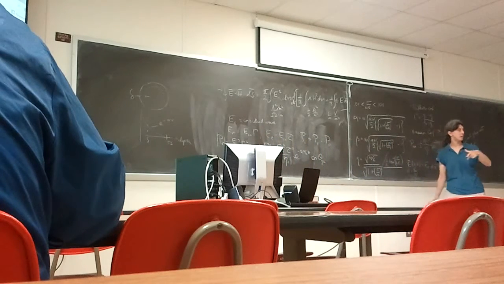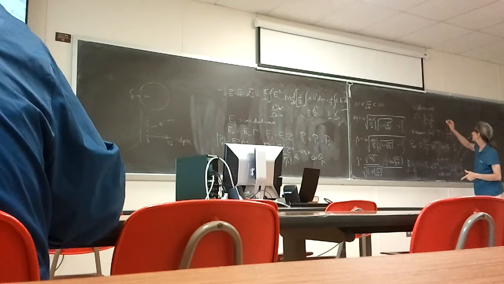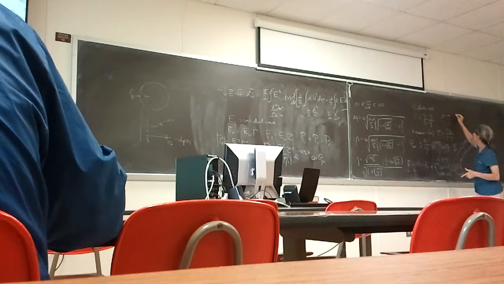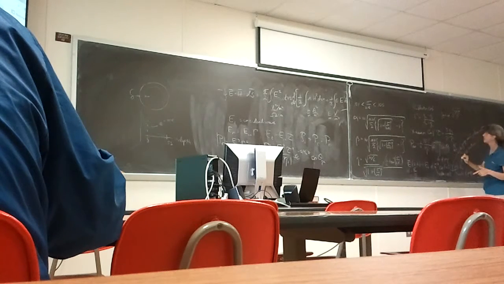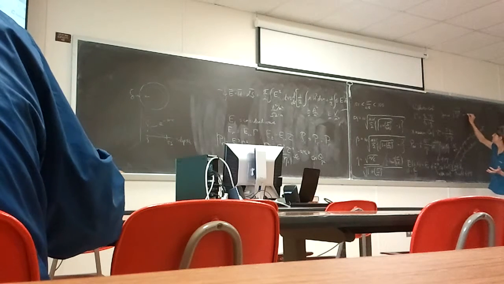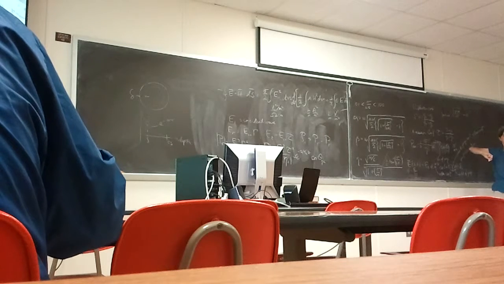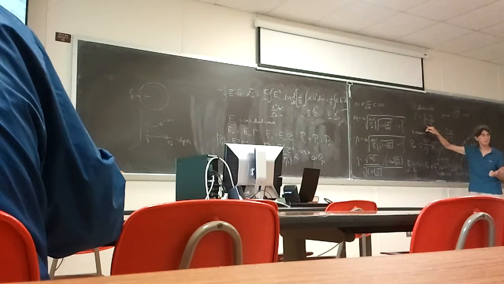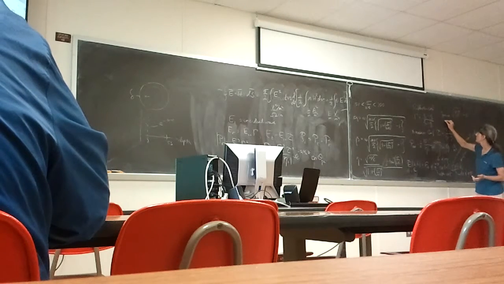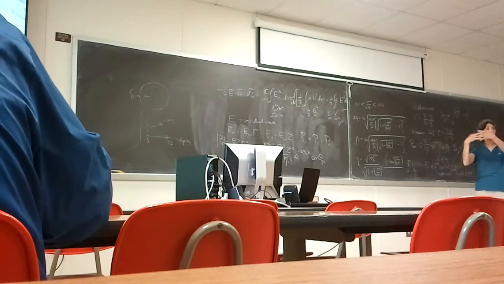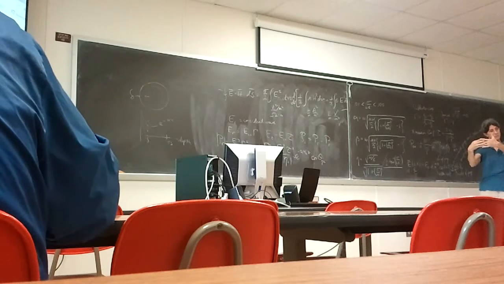So eta for a good conductor goes like something over sigma, but sigma's really big, so this is going to approach 0. So eta 2 is 0. So gamma is -1. So all of the wave is reflected off the perfect conductor.